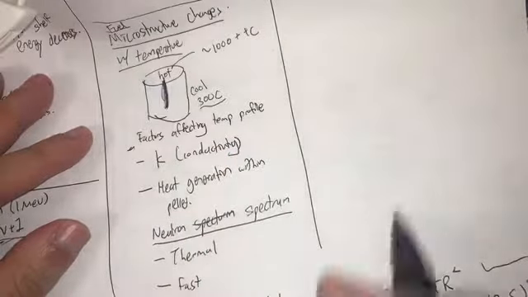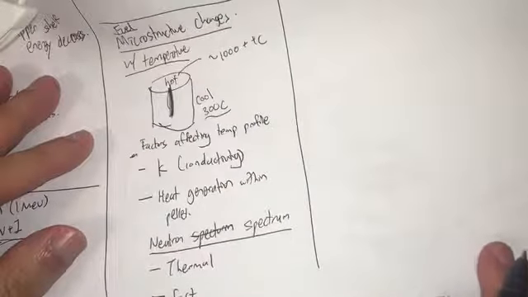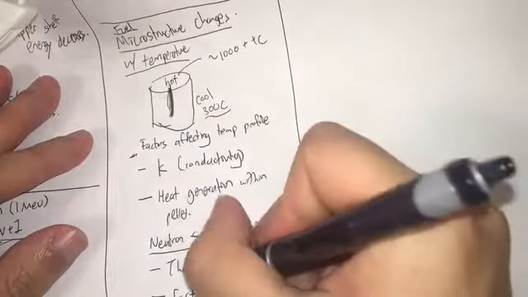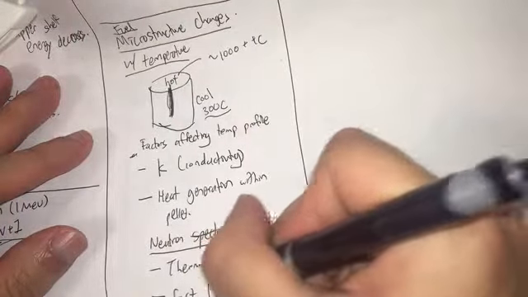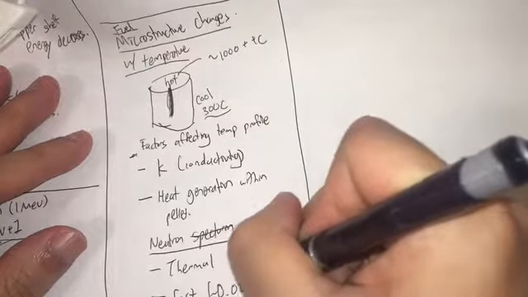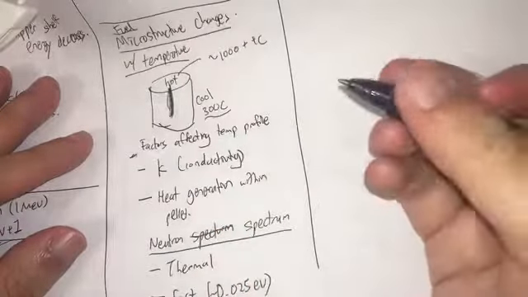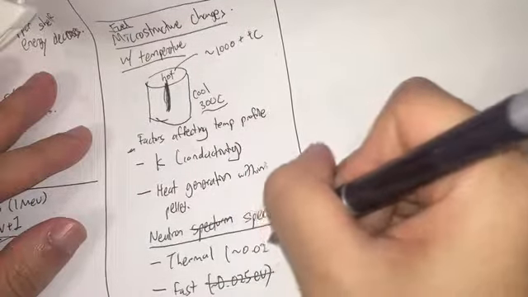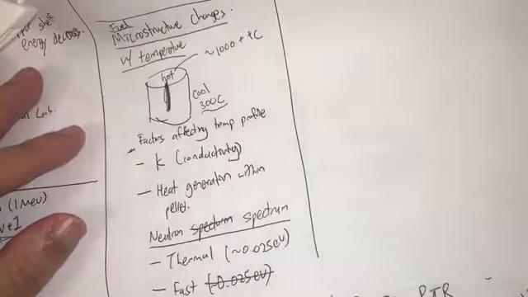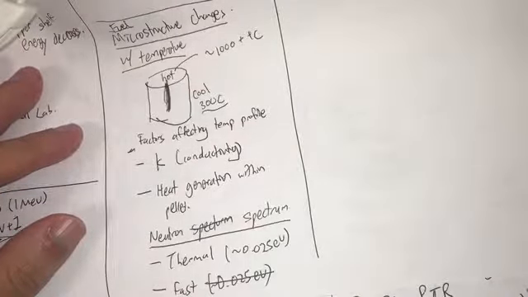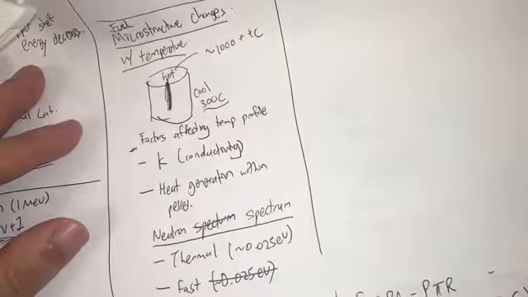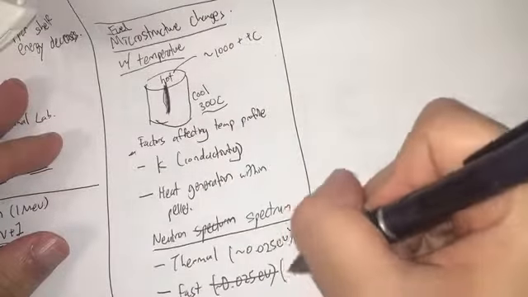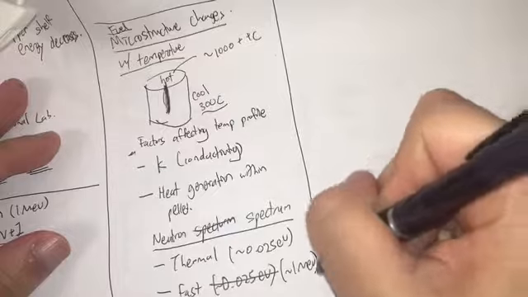Thermal means that there's moderation happening, meaning that the neutrons are slowed down to roughly 0.025 eV, or whatever the energy of the surrounding medium is. Fast is about 1 MeV, as was discussed before.